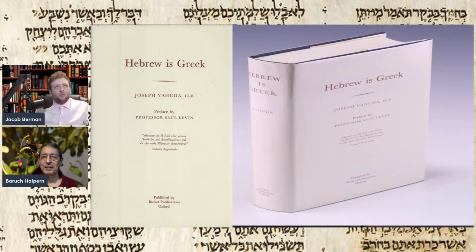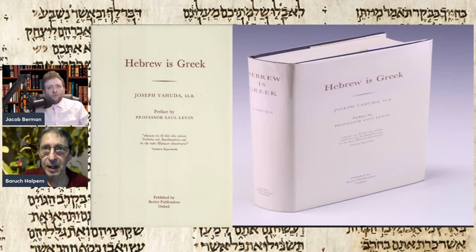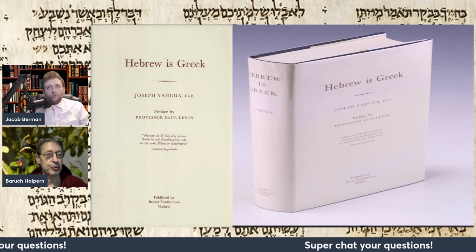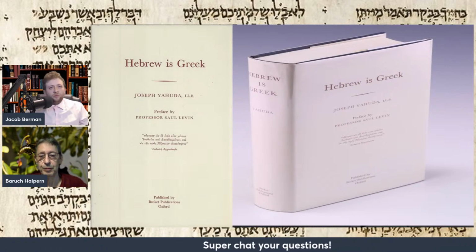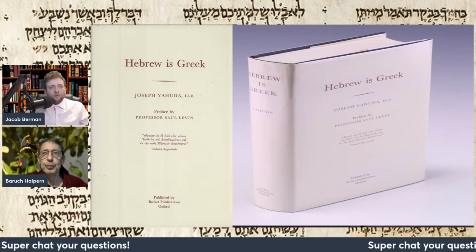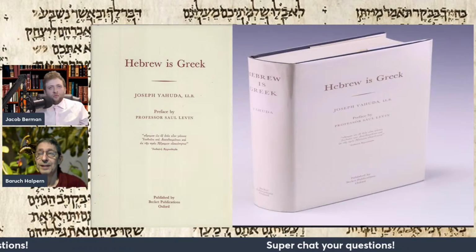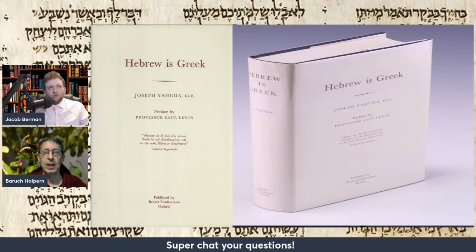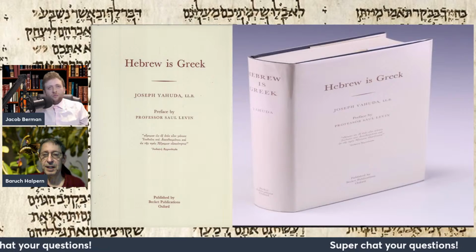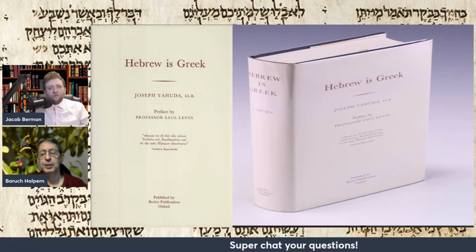Linguistics is a discipline that has a certain logic to it, a certain number of rules. And Greek and Hebrew have no relation under those rules. Let me give you a very simple example. In the Greek noun system, every noun is marked by a case ending which tells you its function in a sentence.